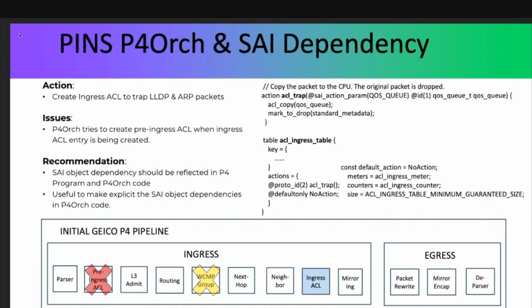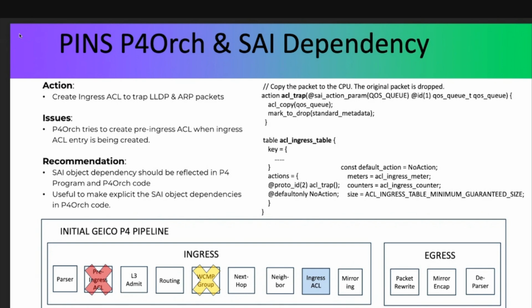When we tried to program the ingress ACL to punt the packets to the CPU, we saw that the pre-ingress ACL was being created. It was as if there was some sort of dependency of the pre-ingress ACL on the ingress ACL, which really isn't the case. So we started off not programming the pre-ingress ACL, just programming the ingress ACL. That didn't work.